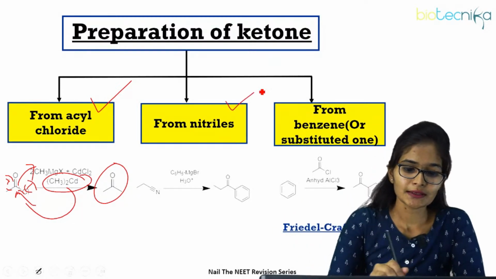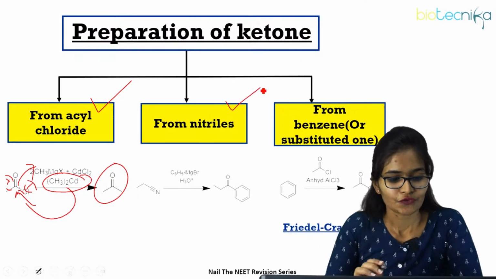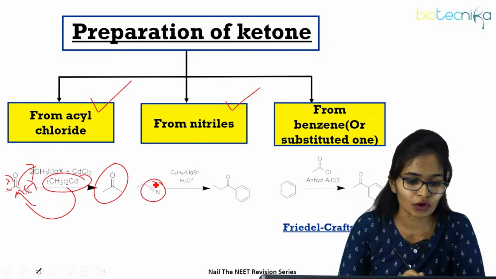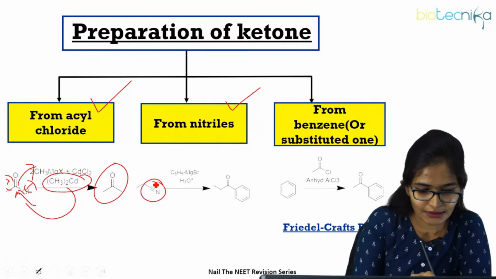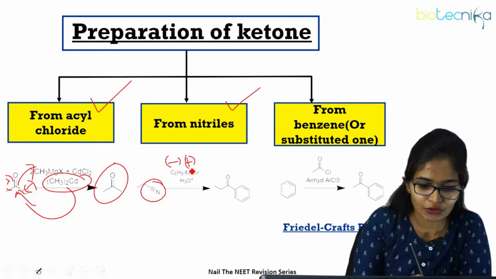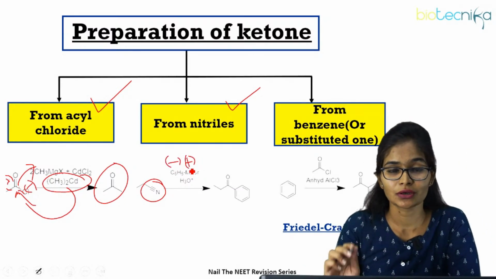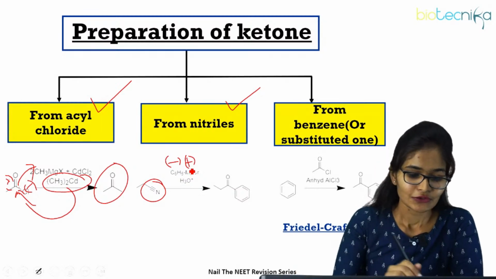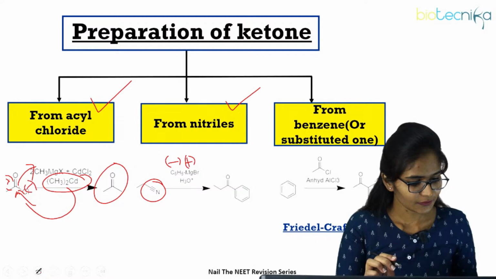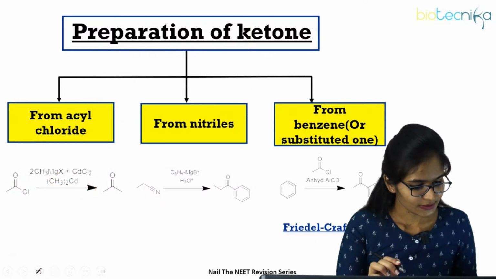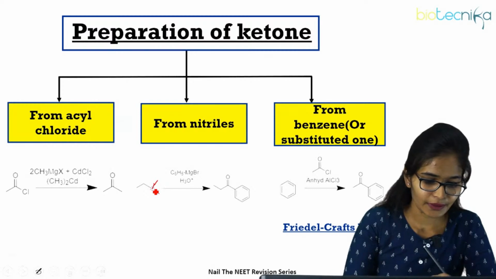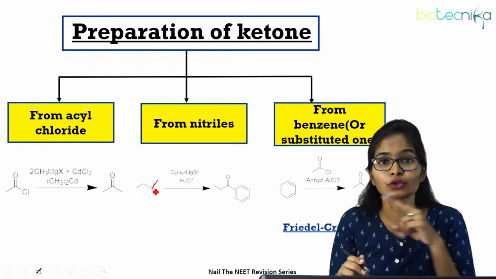Now coming to the next reaction, from nitrile. Again you have the cyanide, and you can have your Grignard reagent. How can you split it? This part is negatively charged, and magnesium is an electropositive element, so you show a positive charge on it. In the cyanide, one of the pi bonds will be broken, leaving two pi bonds.